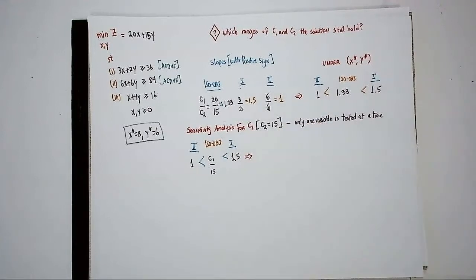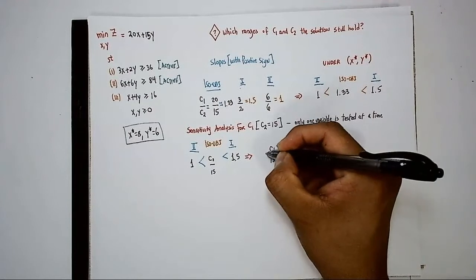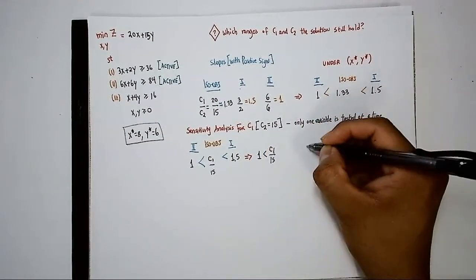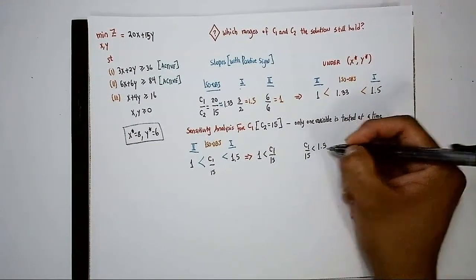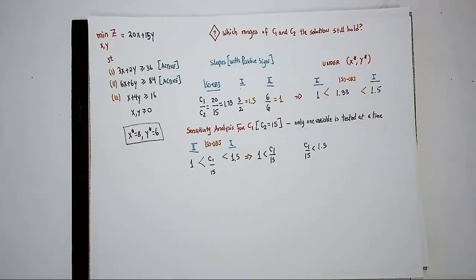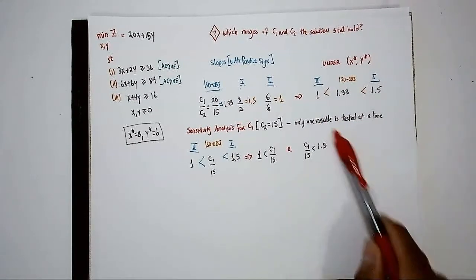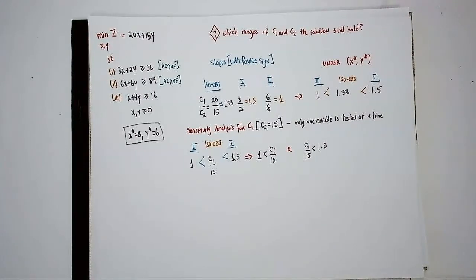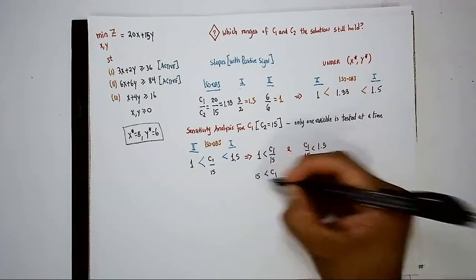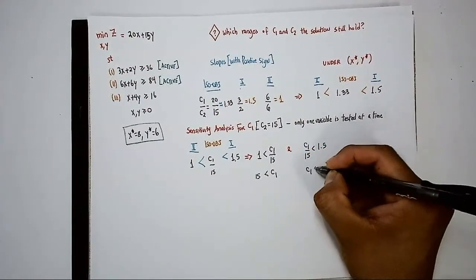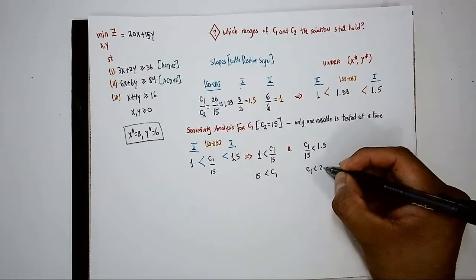From here, we can see that C1 over 15 is greater than 1, but lower than 1.5. Therefore, if we multiply everything by 15, we get that C1 is greater than 15, but lower than 22.5.